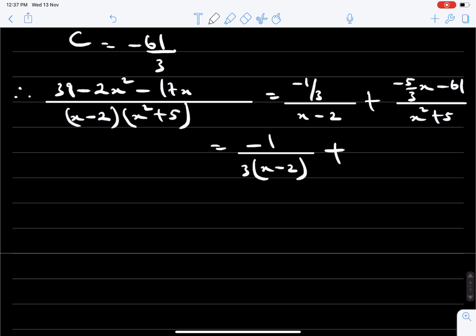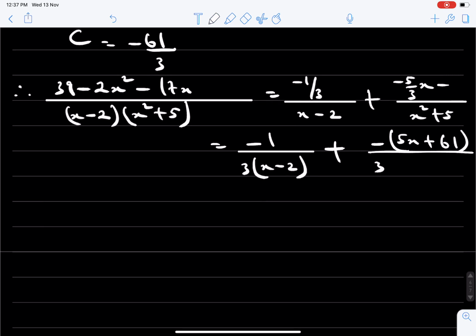Okay, let me write it this way for clarity. This is the same as minus 5x plus 61 over 3. Of course, c is also 61 over 3. So that means over 3 into x squared plus 5.